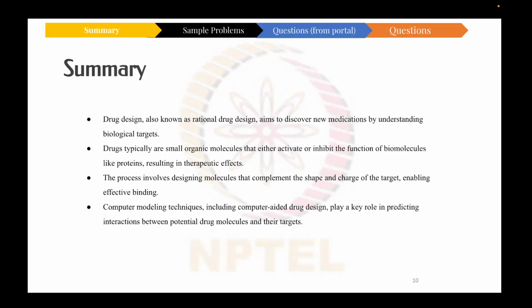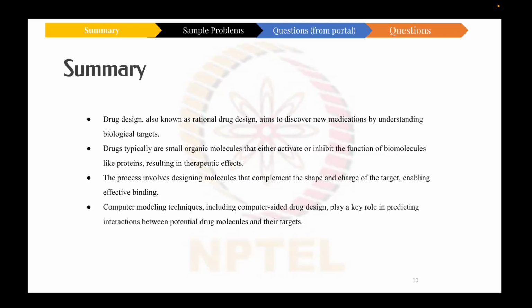Computer modeling techniques play a crucial role in drug design, allowing researchers to predict how well a potential drug molecule will interact with its target. This approach, known as computer-aided drug design, helps identify promising drug candidates more efficiently. Under computer-aided drug design, we have structure-based drug design, which is a specific approach within drug design that relies on detailed knowledge of the three-dimensional structure of the target biomolecule.